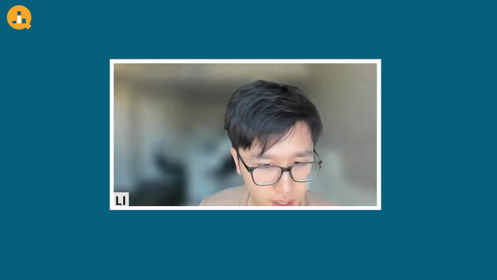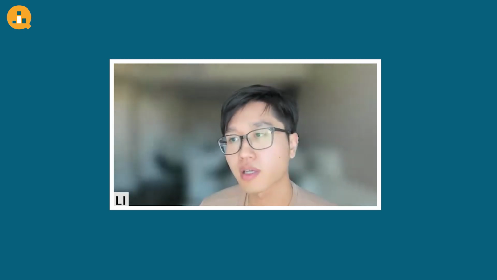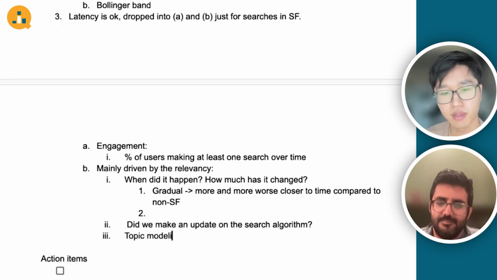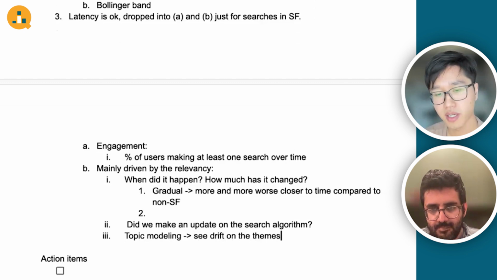Another thing I want to check, and I'm not sure this is even possible, is the topics that people are searching. For example, people search different keywords, and we can put them into themes. I want to see if there's any drift from that perspective, sort of like topic modeling, but I'm not sure if this is possible based on the data we have. My idea is to see if there's any drift on the themes and trends.